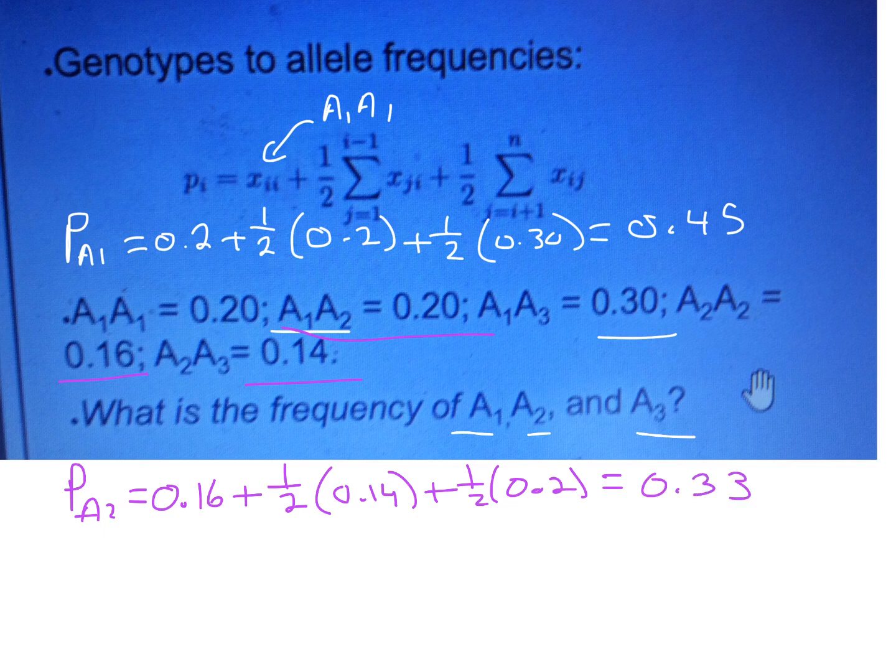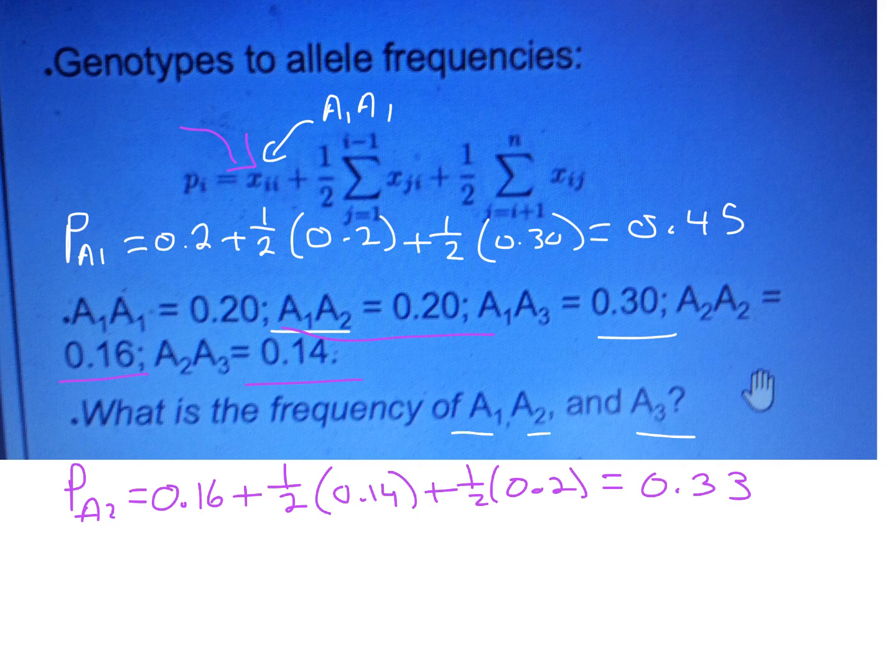Okay. And so you'll notice that if we tried to calculate the frequency of A3, we don't have enough information because the first thing we would do is start with A3 as our first term, and they didn't give us that. But the reason they didn't is that all of the total of the frequencies have to always add up to 1.